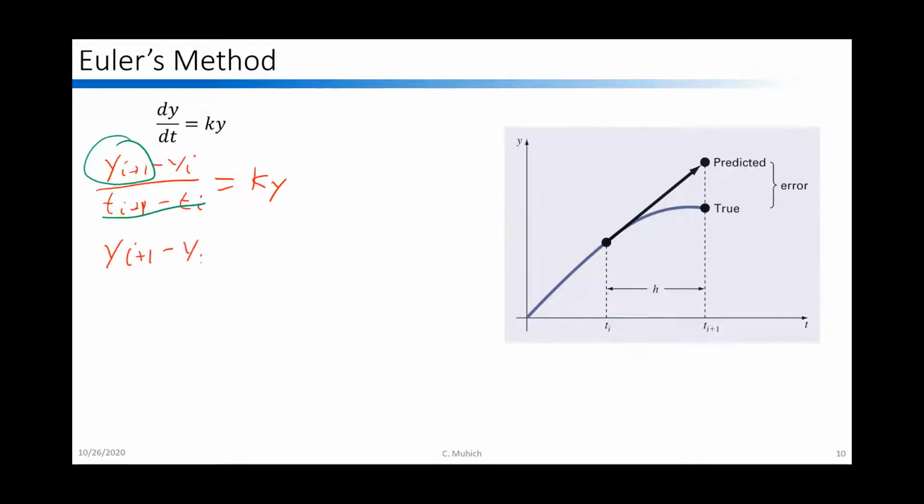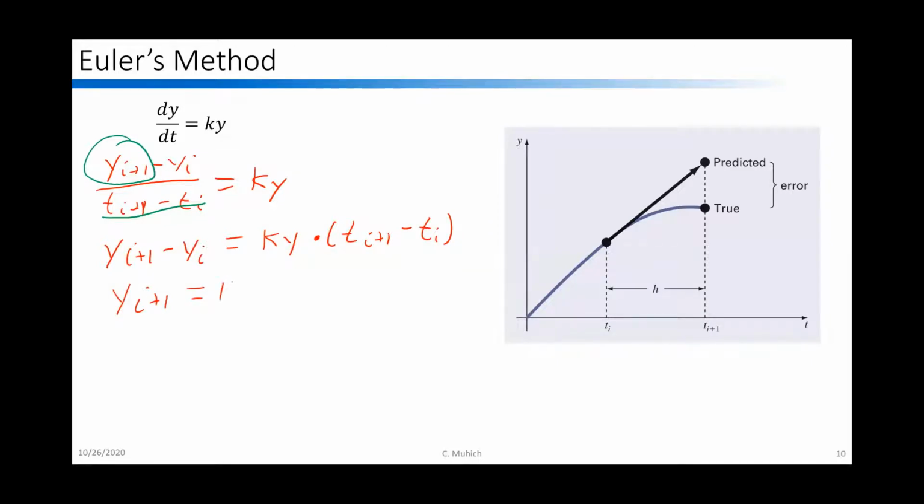So I get my next y minus my current y is equal to k y times t_{i+1} minus t_i. All right, so now all I need to do to get this into the form that I'm looking for is to add y_i to both sides.